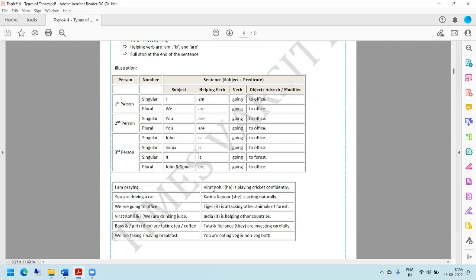Similarly, Virat Kohli is playing cricket confidently. Let's say currently there is a match where Virat Kohli is batting. So I can say that Virat Kohli is playing cricket confidently. Similarly, Kareena Kapoor is acting naturally.